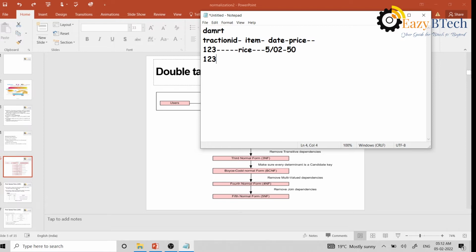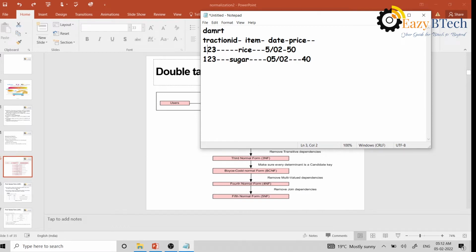In total I purchased 10 or 11 items. Then sugar, same date 0502, some 40 rupees, like that. Only one person, transaction ID is 123, and it is repeated 10 times.